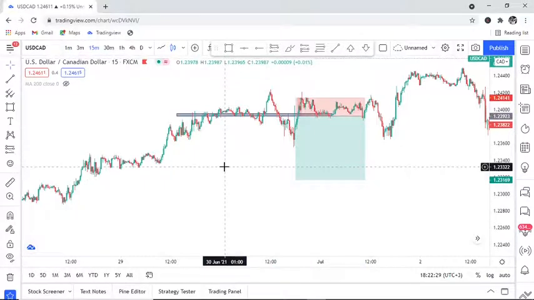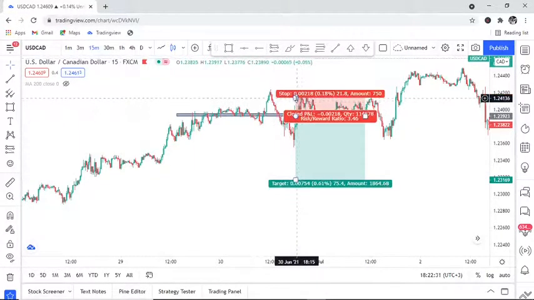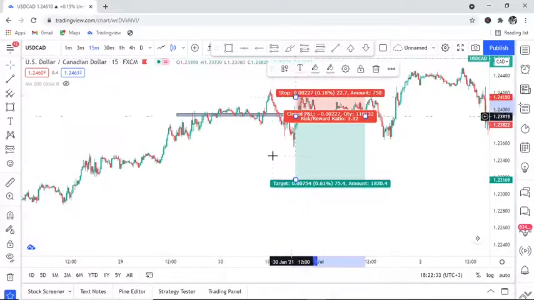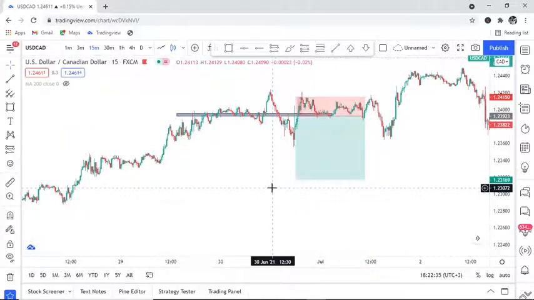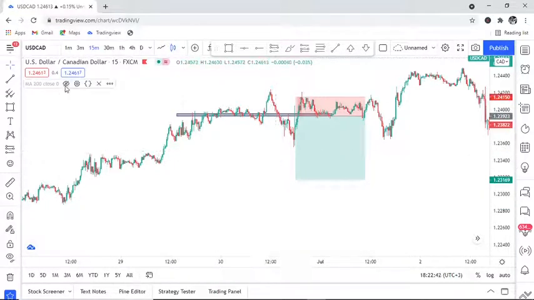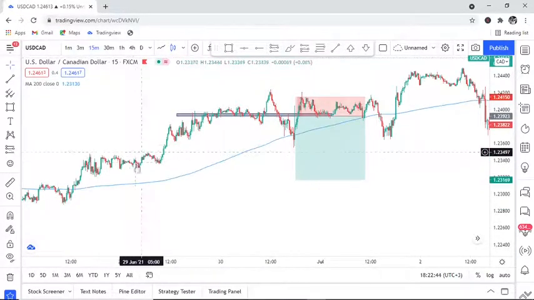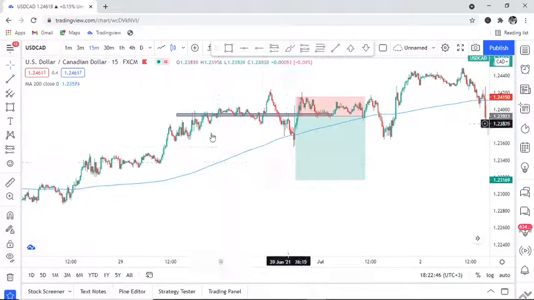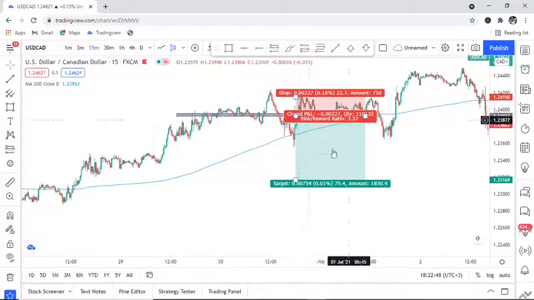And as you can see, the trade would have gone against them immediately. If those traders had known about this 200 simple moving average, they would have avoided this loss.